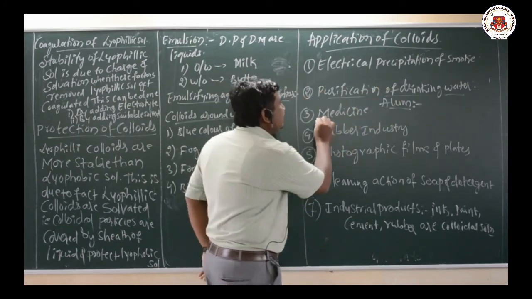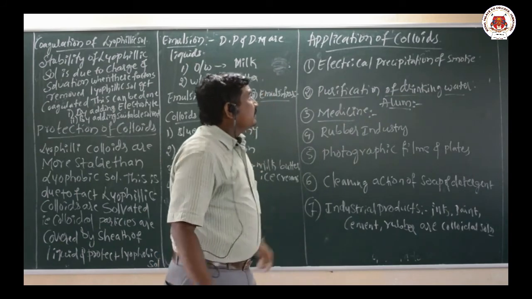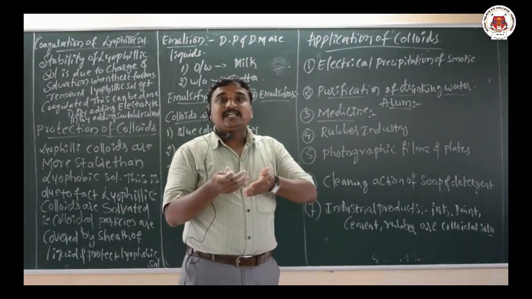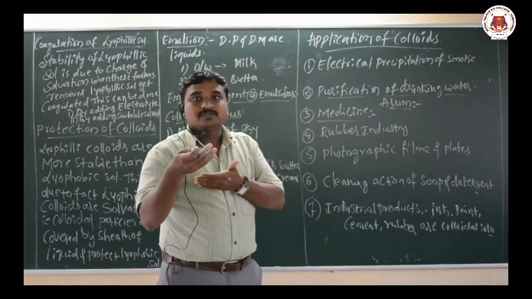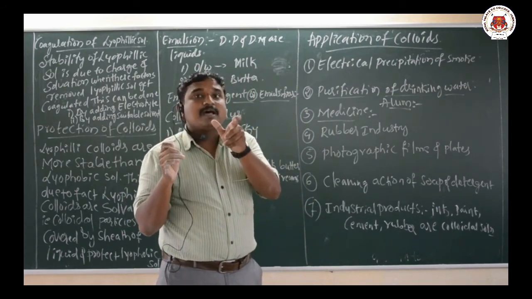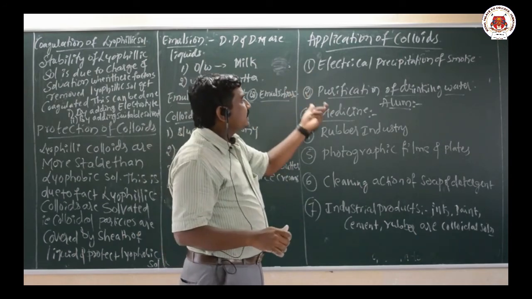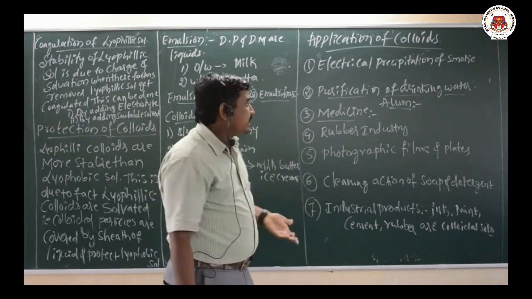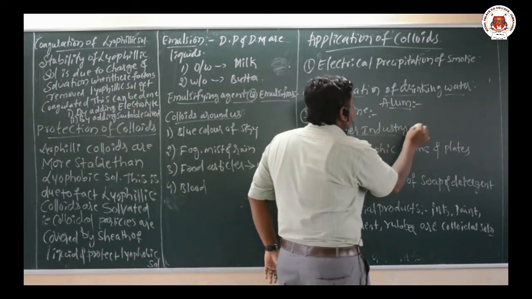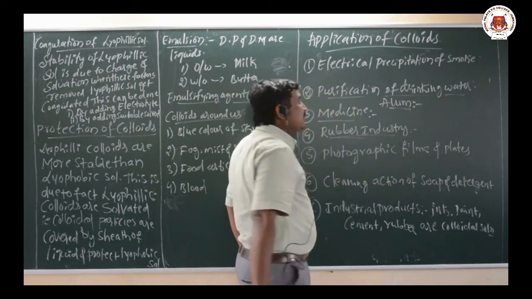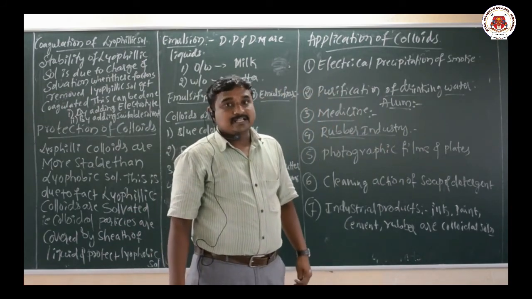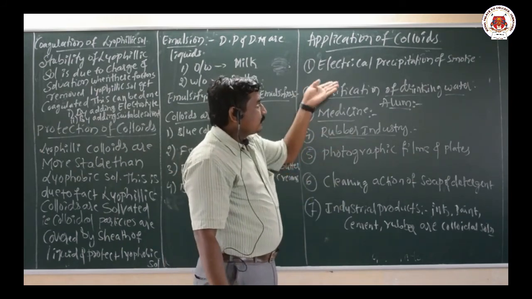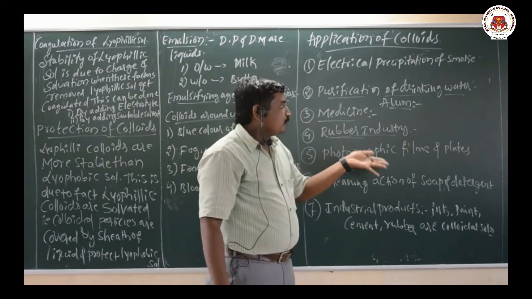Now the next one, medicine. Colloids play a very important role in medicine, because they have a large surface area, so for that reason they are good medicines. Colloids are also used in rubber industries: from latex we prepare rubber. Next, they are used in photographic films and plates.